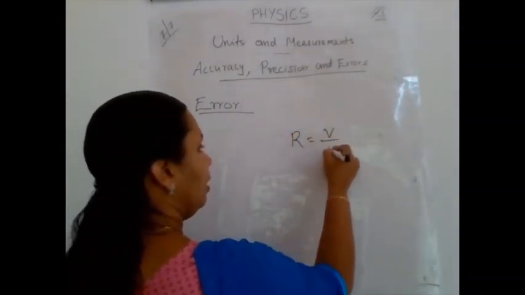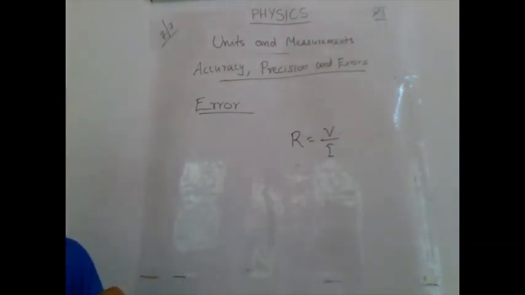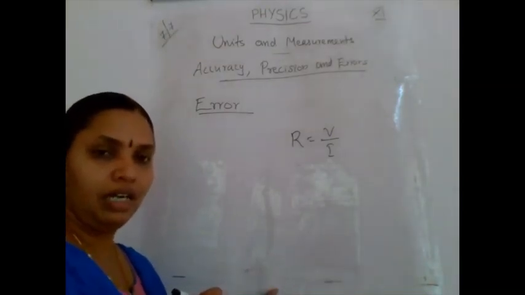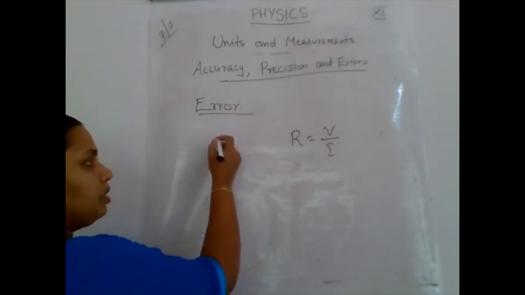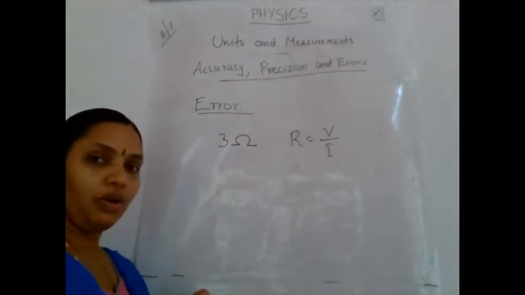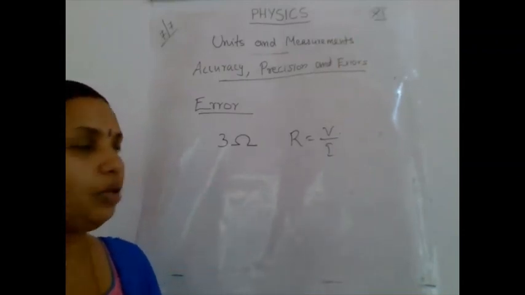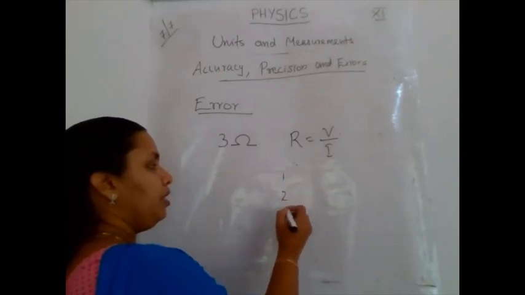From the voltmeter, we found the voltage, and from the ammeter, we found the current, and that ratio is the resistance. Okay, so you have some readings, and suppose the resistance of that coil is 3 ohm. The resistance of the coil which you used is 3 ohm. And here we are doing 5 measurements: 1, 2, 3, 4, 5.